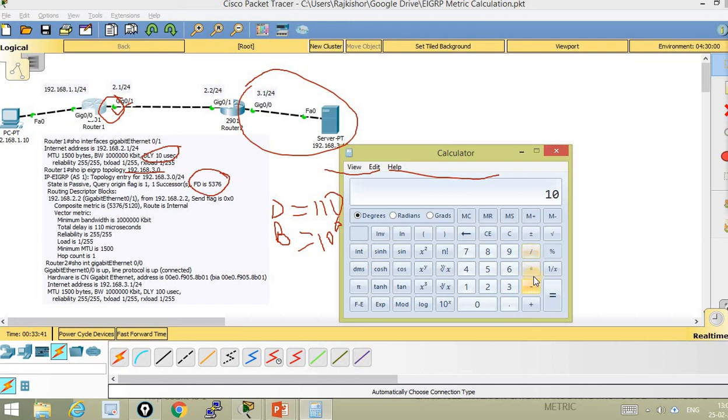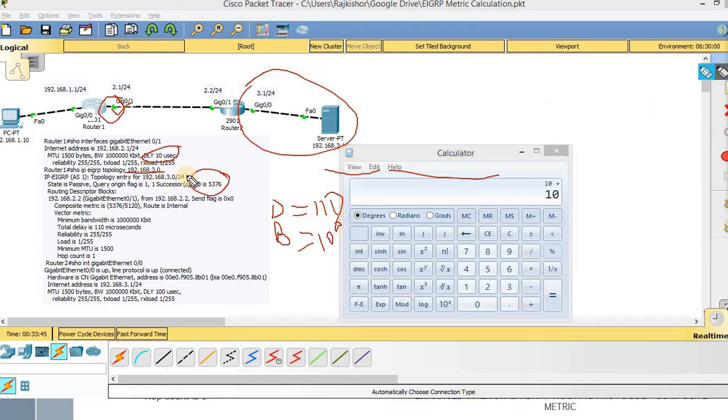Before I do the plus, let me tell you about this delay. If the delay is 110, you have to take the tens of microseconds, so divided by 10, it becomes 11.